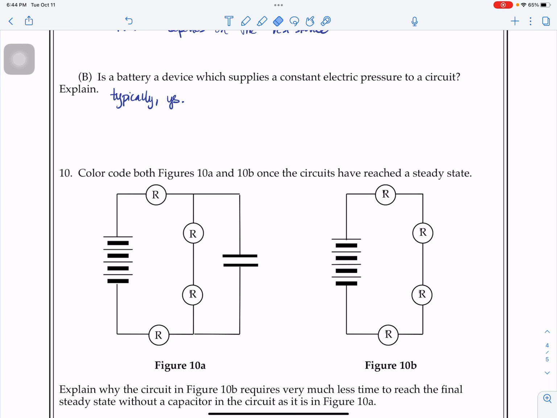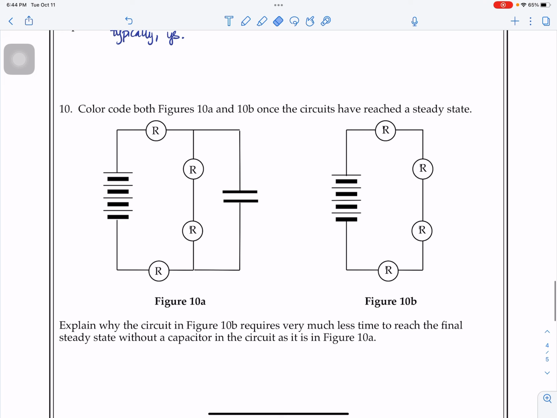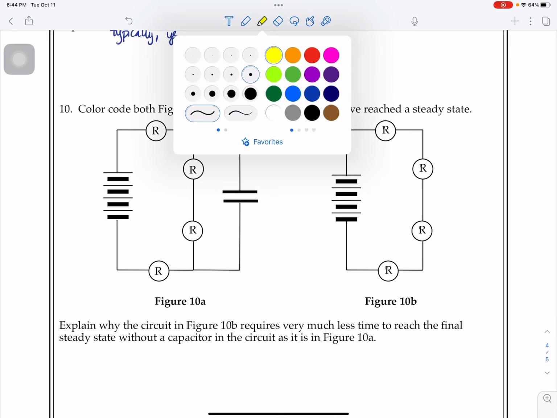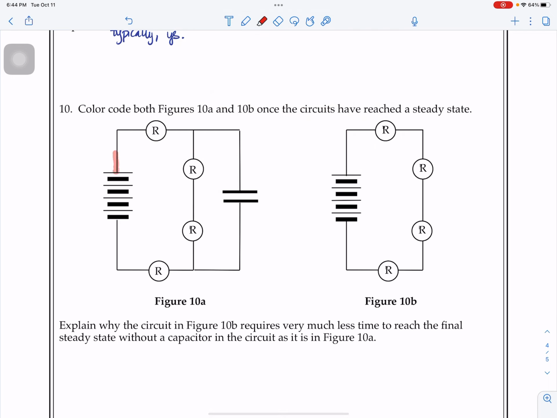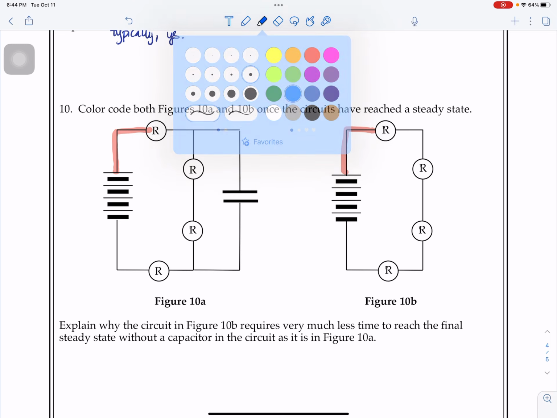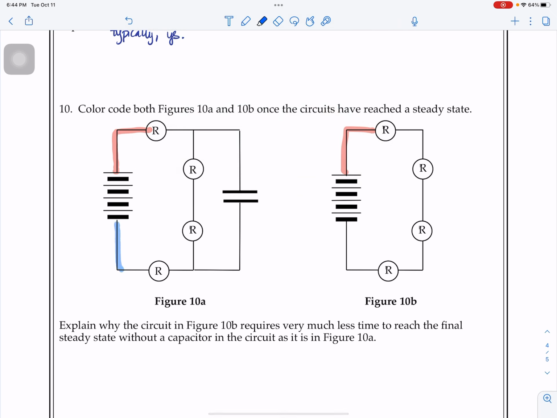So you just have major flow. So, all right, color code 10A and 10B once the circuits have reached a steady state. Again, this takes me a little while to think about it. So I know that this is red, red, and we've got blue, and we've got blue. I'm going to do the right one first because it's the easier one.